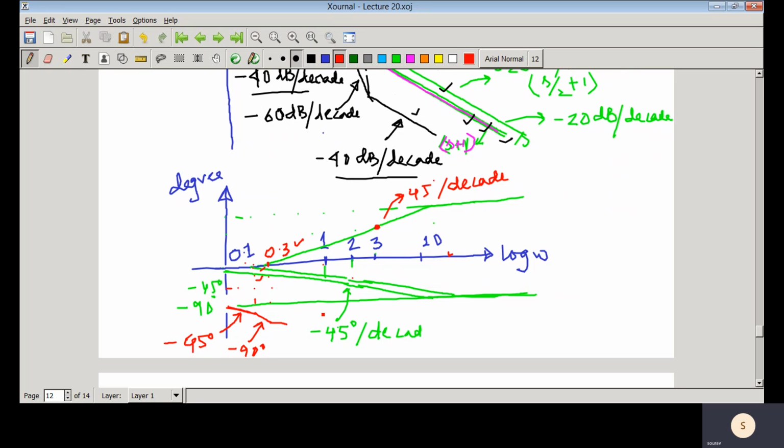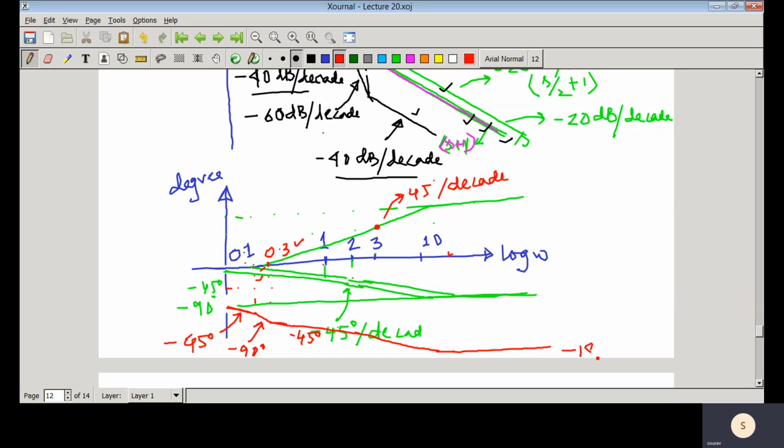So that means there would be the slope which is minus 45 degree again, minus 45 degree, and it would continue like that. And then if you just add it, finally it goes to minus 180 degree.